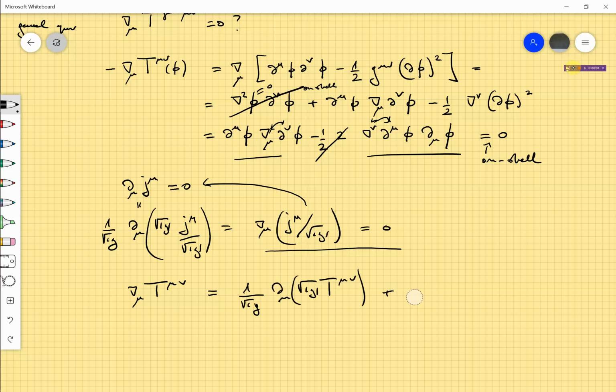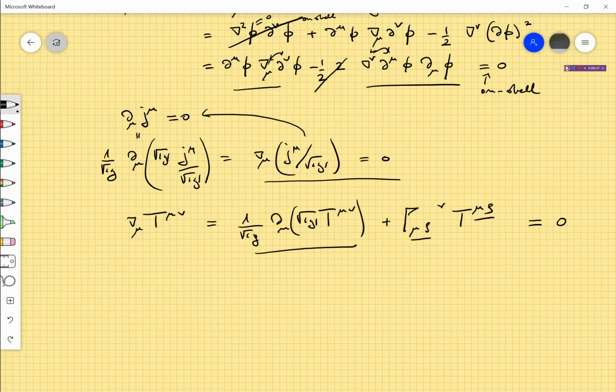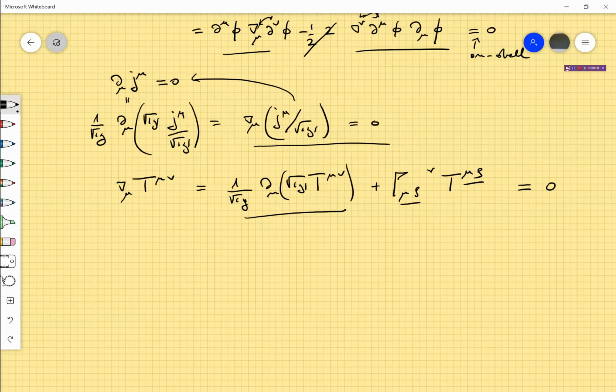Oops, sorry, I'm writing the connection. Now this is symmetric, this is also symmetric, and this doesn't vanish. So if I say that this is equal to 0, this doesn't mean that this is equal to 0. So this cannot be understood as a conservation law, although often people refer to this law as a conservation law.